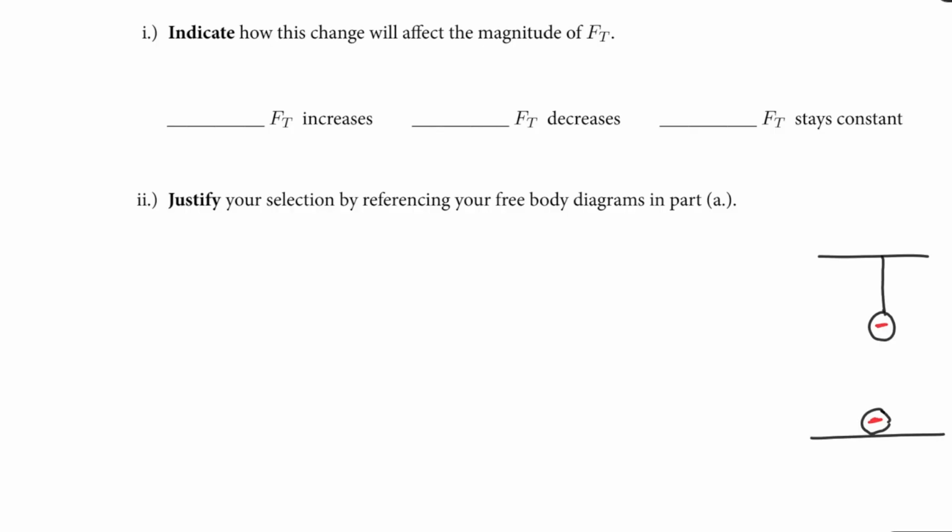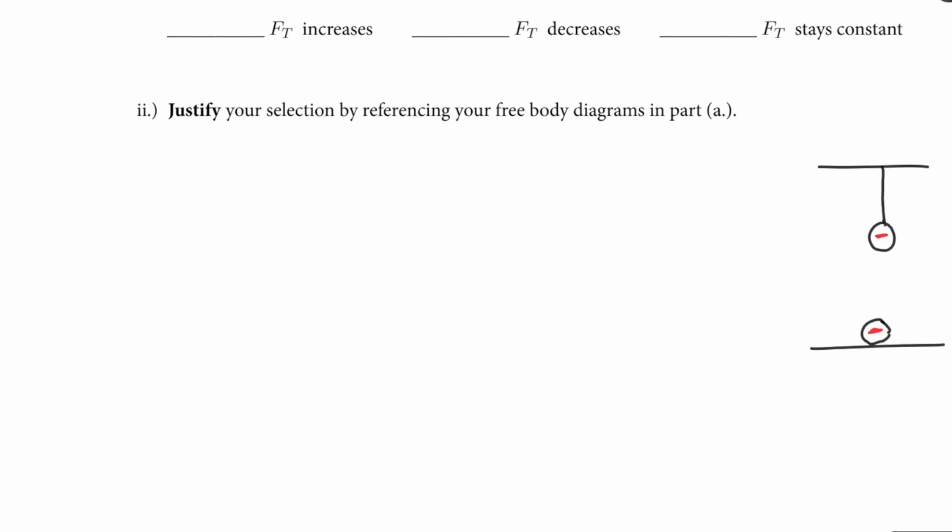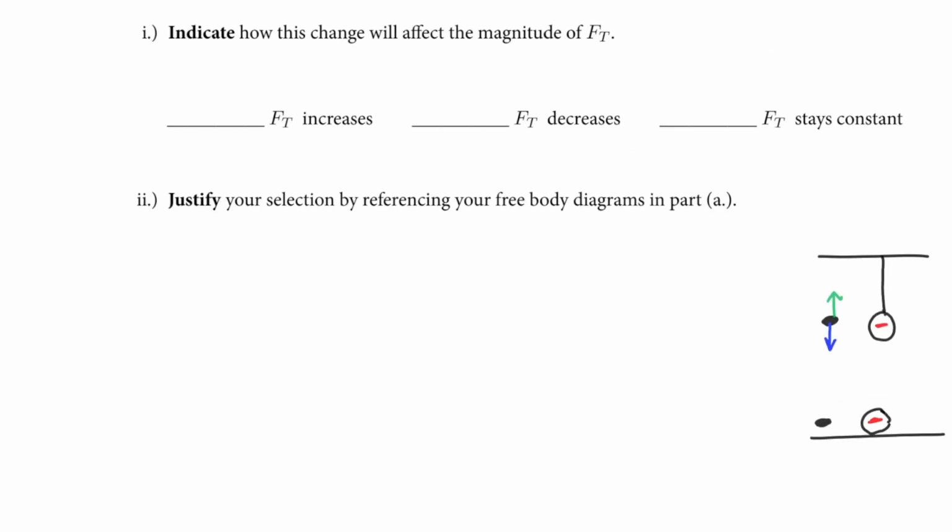Of course, both of the spheres would still have weight. But this time there's going to be an upwards electric force on the top sphere because it's repulsive instead of attractive.